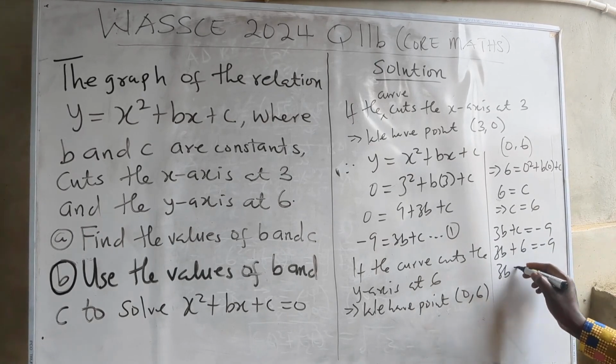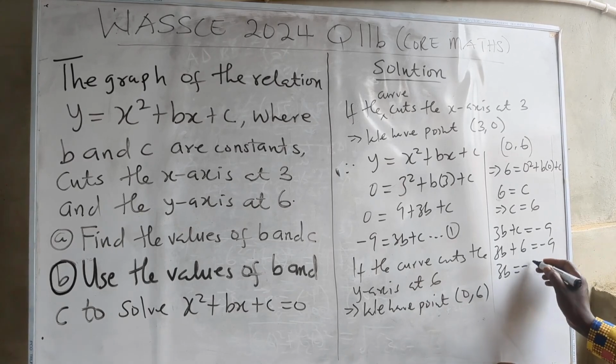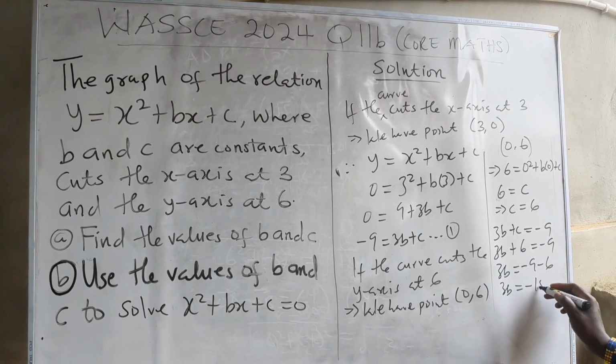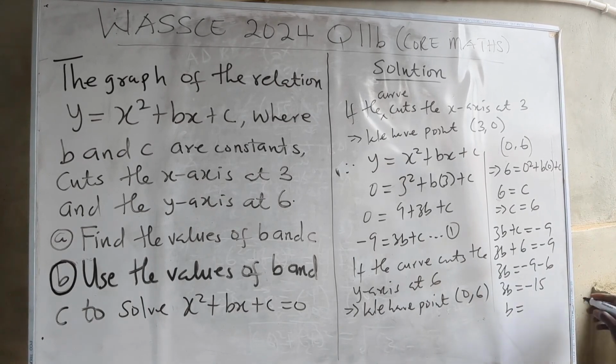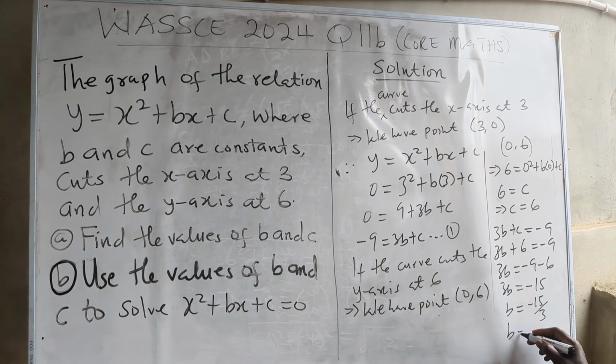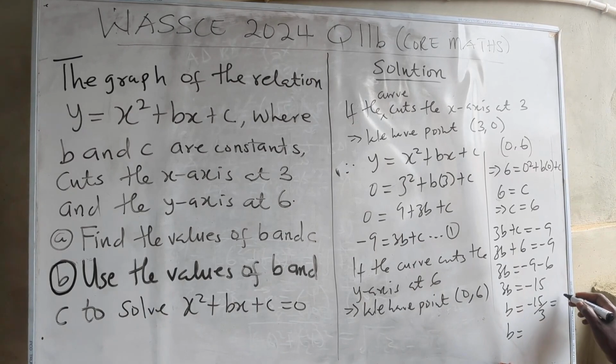So 3b is going to be minus 9 minus 6, and 3b is going to be minus 15. And my b, minus 15 divided by 3 will give me negative 5. So my b is going to be negative 5 and my c is going to be 6.